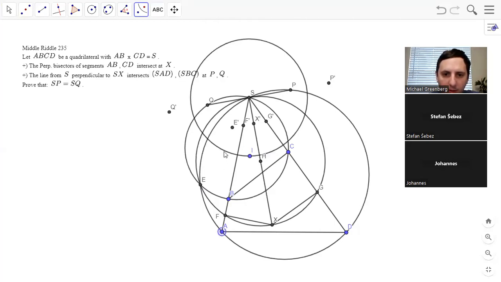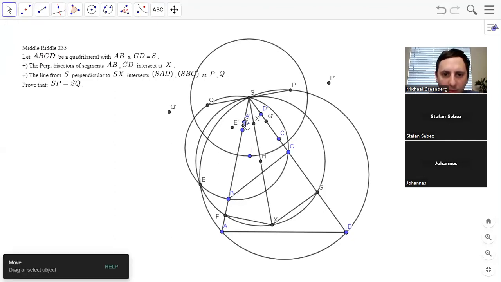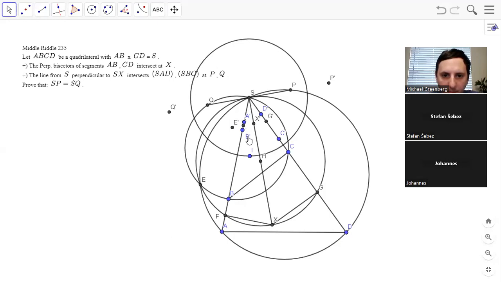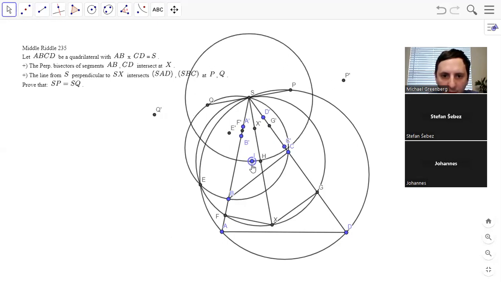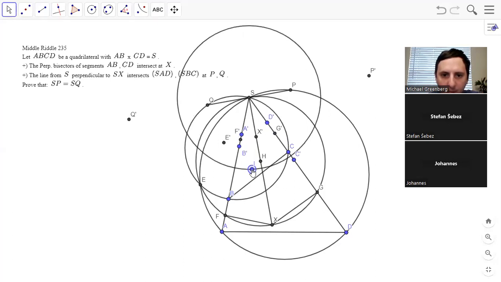Okay, so draw on some of the lines. You can scale up the circle to get a better picture. Yeah, that looks a little bit better.